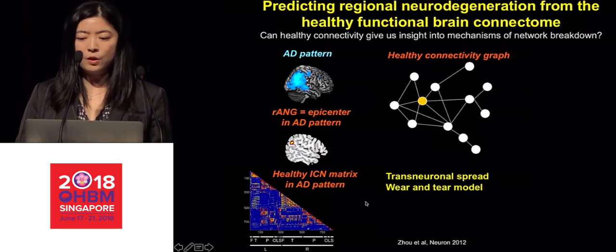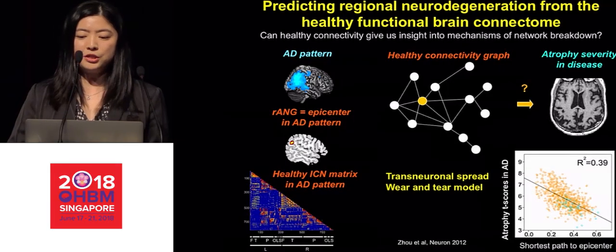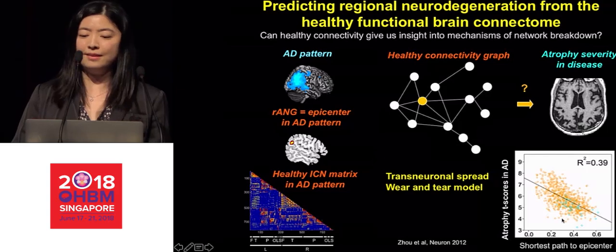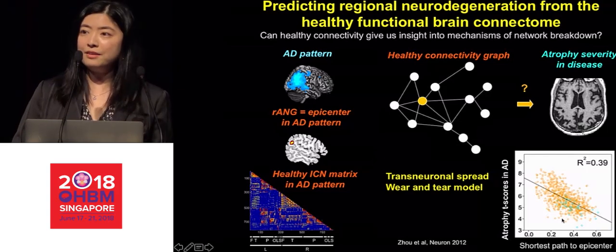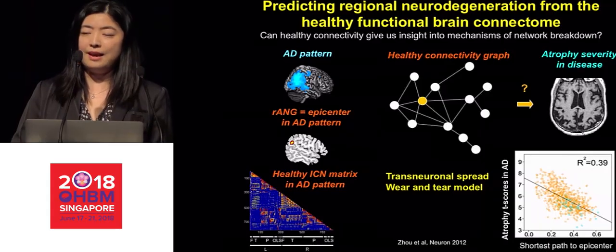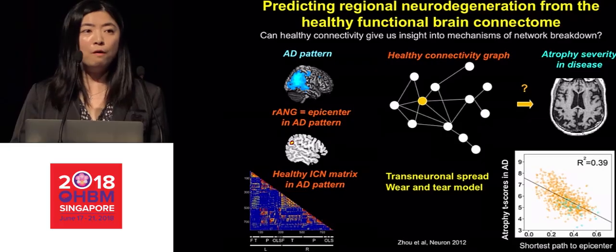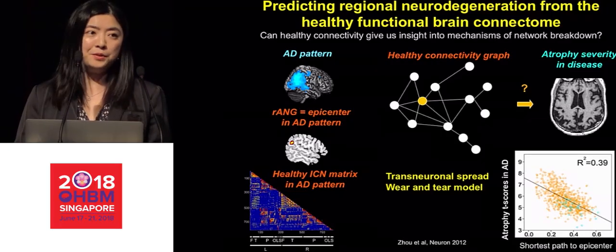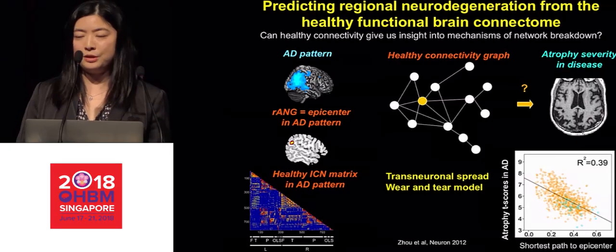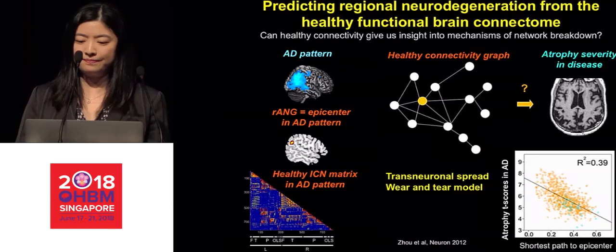Specifically, we show that from healthy functional connectome, regions showing shorter functional paths to the disease epicenter and higher connectivity to other regions in the network had greater atrophy in disease. And this is true for all 5 disorders, which fit best with the transneuronal spread model and nodal stress model of the network breakdown mechanism in neurodegeneration.